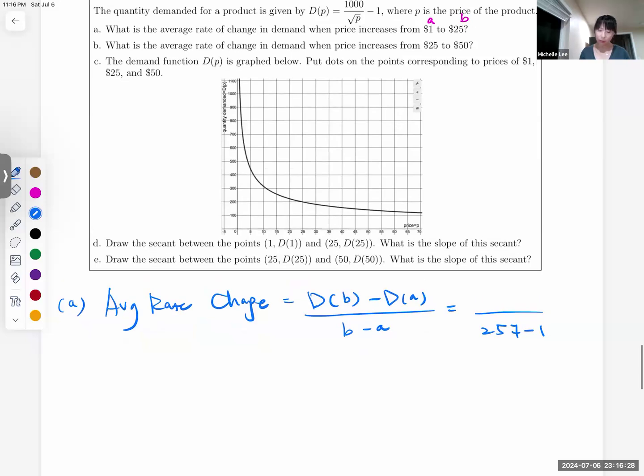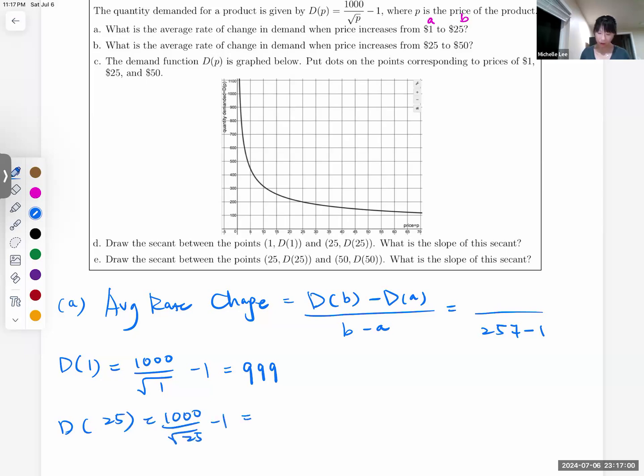So B, which is 25 minus 1. Oh, we have to figure it out, right? So D of 1, which is 1,000 over square root of 1 minus 1. So square root of 1 is 1, right? So it's 999, right? How about D of 25, 1,000 over square root of 25 minus 1.